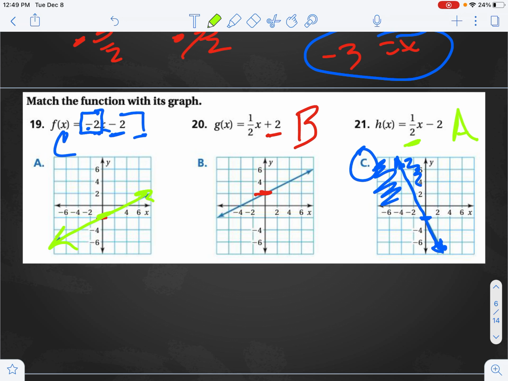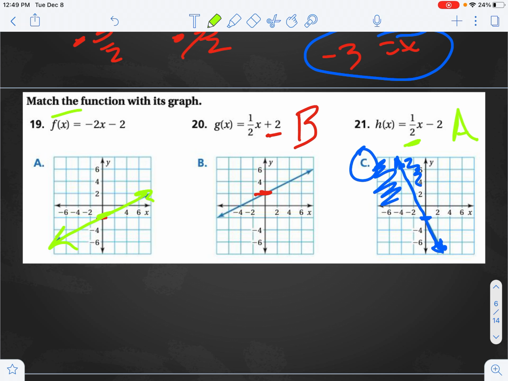So what I would do if I was matching graphs is I would first, again, look at the y-intercept, then look at the slope if it's positive or negative. If you look at those two things and you can't figure it out or you're unsure, you always can plug some numbers in just to see what matches up.